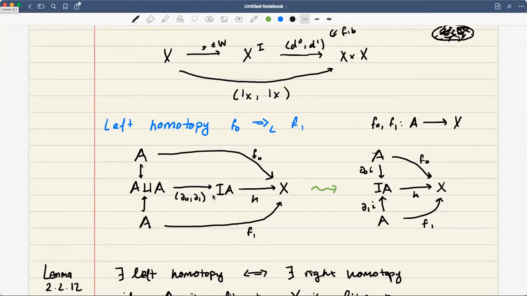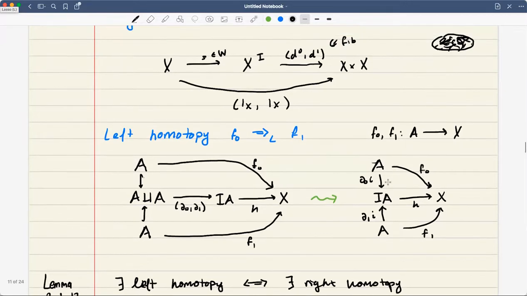So then we can define left homotopy, which is the homotopy we learned in algebraic topology when we think maps are homotopic. It's this diagram. It's saying, if I were to map my object into the cylinder object and then out again, I don't know how to describe this. It's this diagram here.